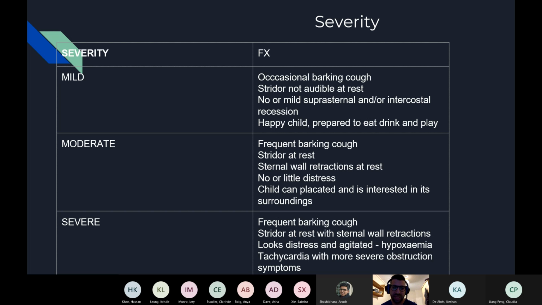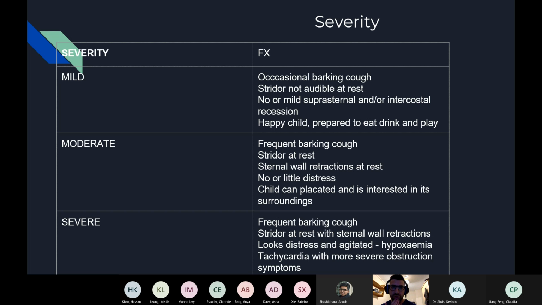When it's moderate, they get a frequent barking cough, stridor at rest, and signs of increased work of breathing, but the child can still be placated and is interested in its surroundings, so it's not very distressed. When it's severe, there's stridor at rest, increased work of breathing, and they look terrible, agitated, and distressed, because they're getting hypoxic. They have hypoxemia and a very increased respiratory rate with more severe obstruction symptoms. So that's how you grade it.